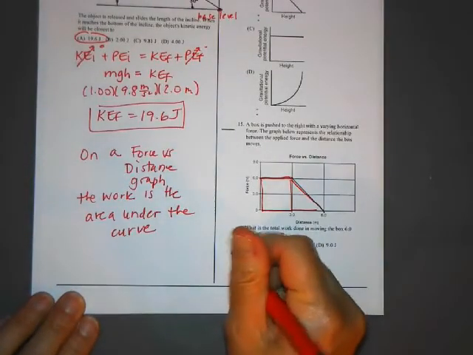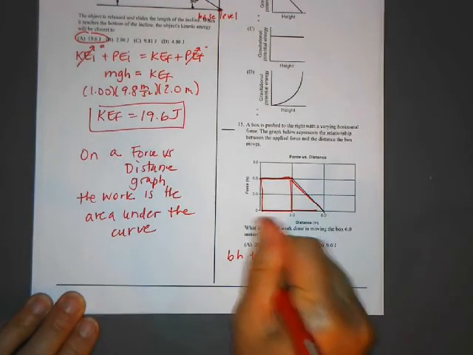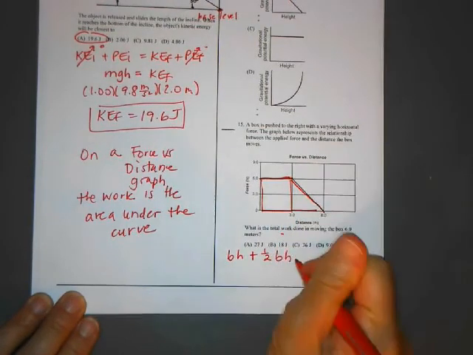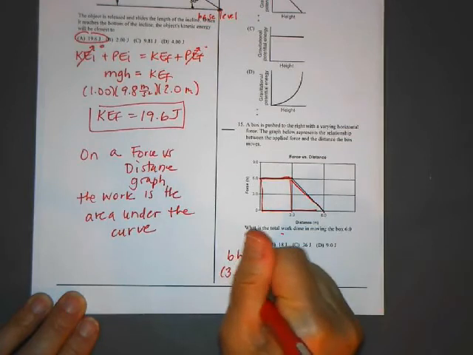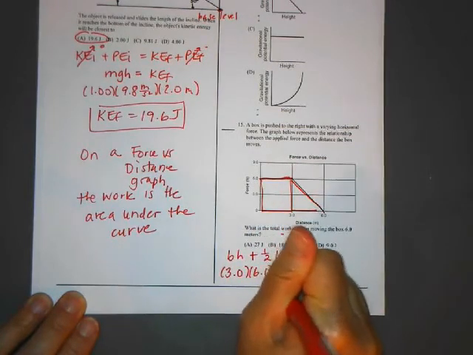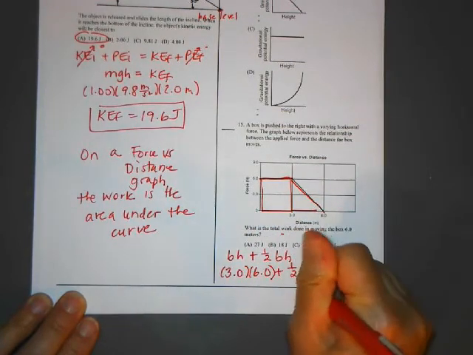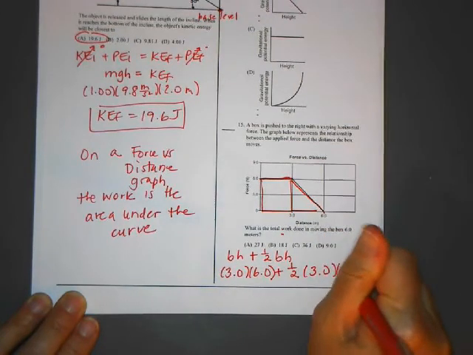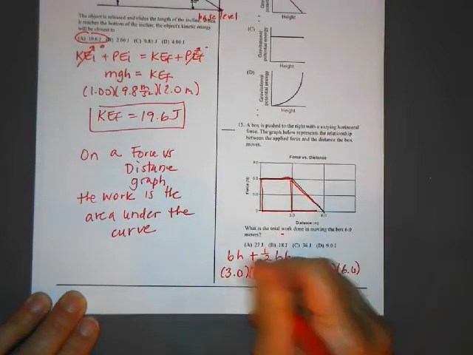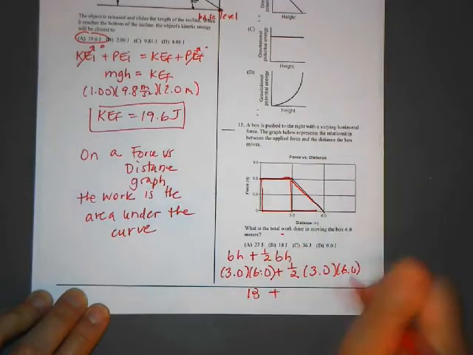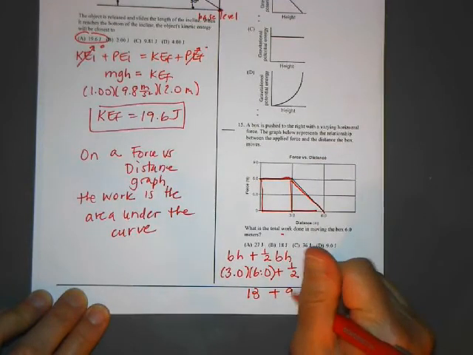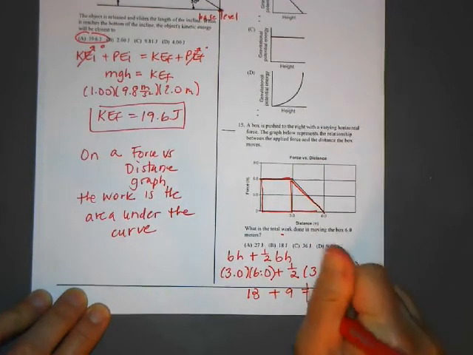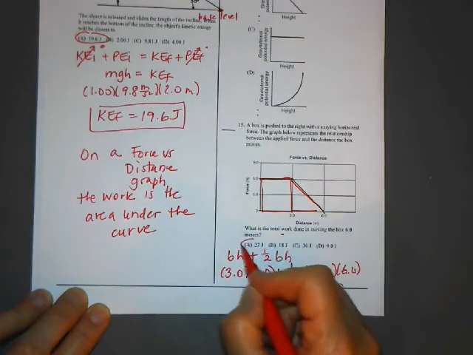So the rectangle is base times height plus the triangle, which is 1/2 base times height. So I have 3 times 6 plus 1/2 of 3 times 6. So 6 times 3 is 18, plus 18 divided by 2 is 9, is going to be 27 joules. And that is choice A.